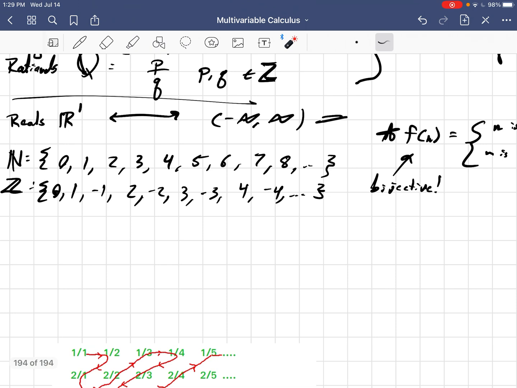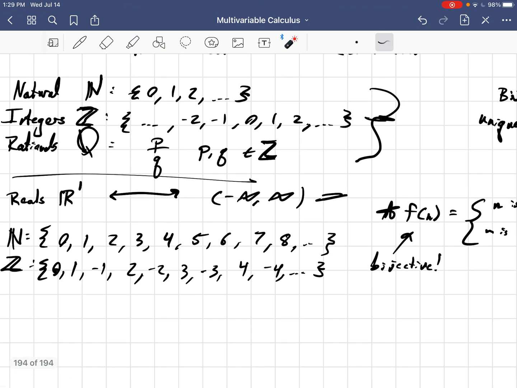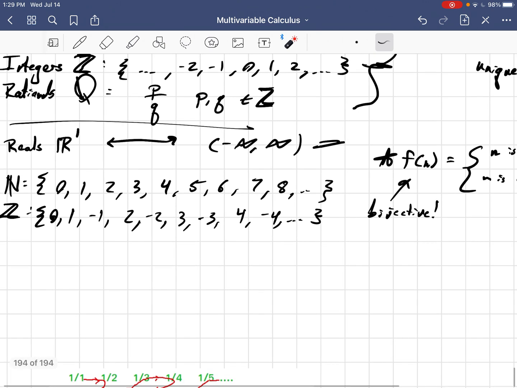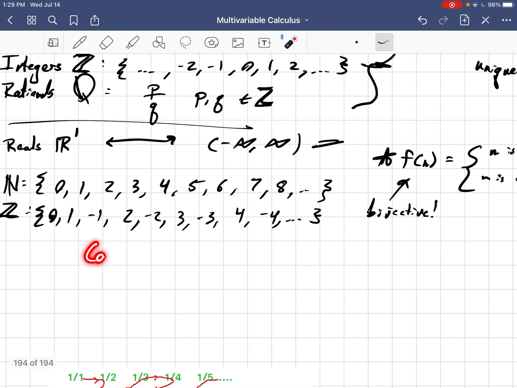And so what we've now shown then is that the naturals and the integers are the same size of infinity. They're both what we call countably infinite. And the name from this comes from the fact that we have essentially devised a method to count all of the integers.